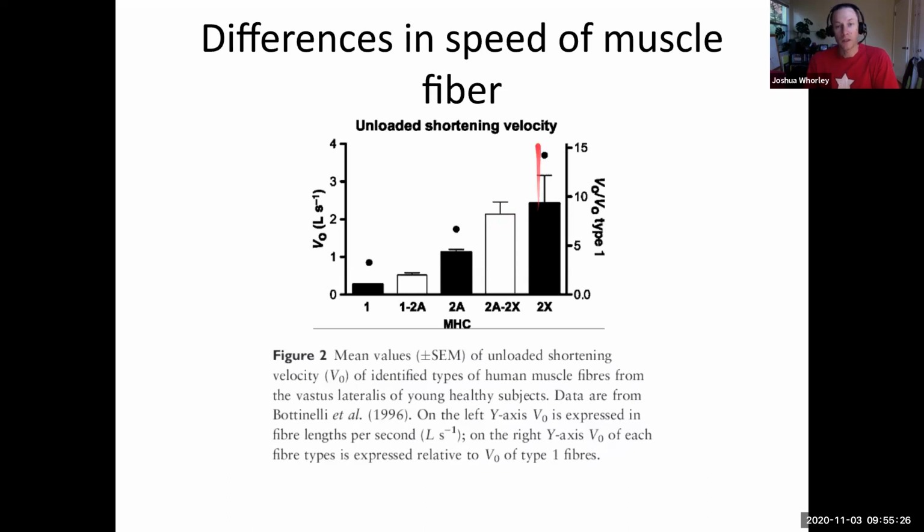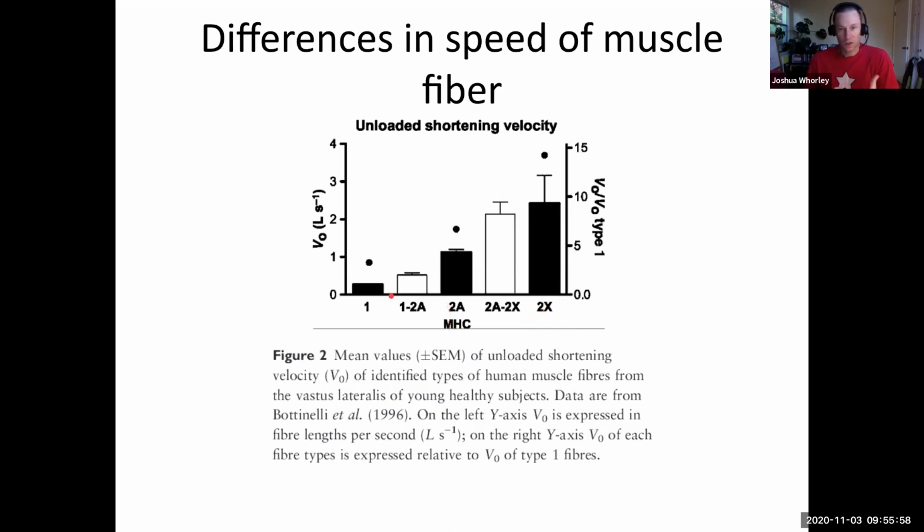You can see the estimate of this average, which is what this top bar represents, really increases as we get into these hybrid fibers and even to this pure 2X fiber. There's quite a lot of variability in how fast this contracts in comparison to type 1, but it's safe to say it's about 10 times as fast for this pure type 2X fiber.